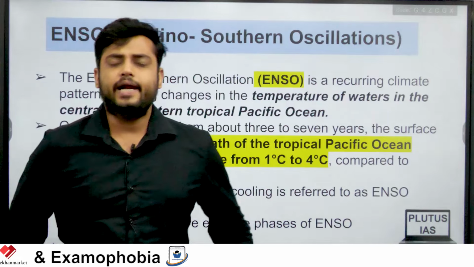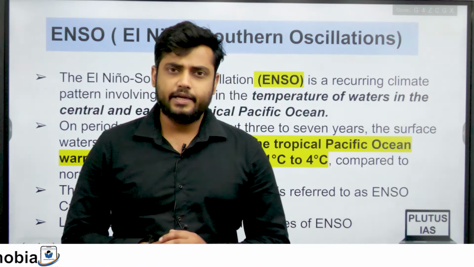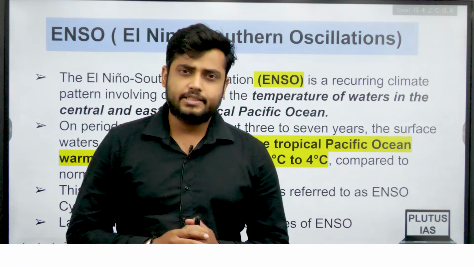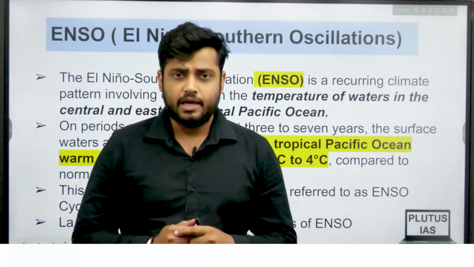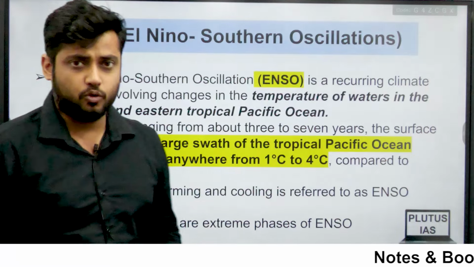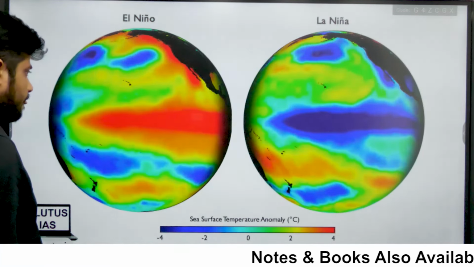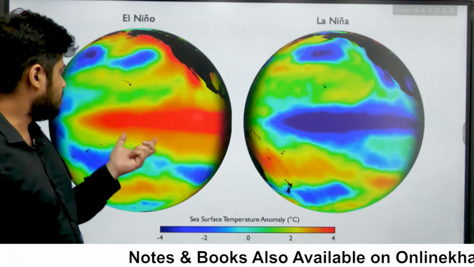I told you that we have three things. One is the changing sea surface temperature, the second is the atmospheric pressure just above the water surface, and the next is the trade winds moving from east to west. You have to keep these three things in mind. Sea surface temperature in case of El Nino would be more than the average.